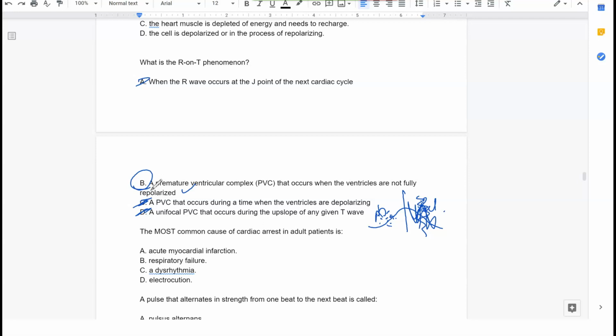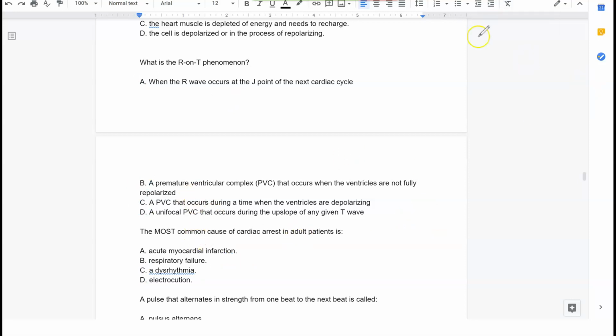Most common cause of cardiac arrest in adult patients is acute MI, maybe. Respiratory failure, no, that's kiddos. It's hypoxia. Electrocution, no. Dysrhythmia. Oh my. Okay.